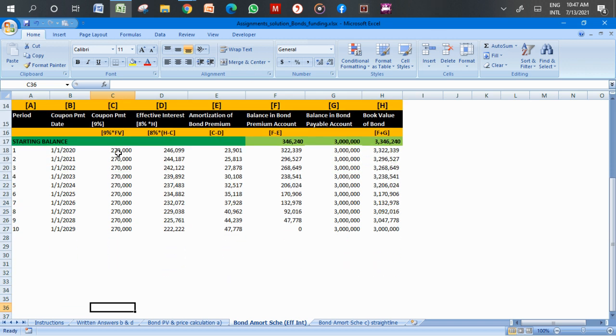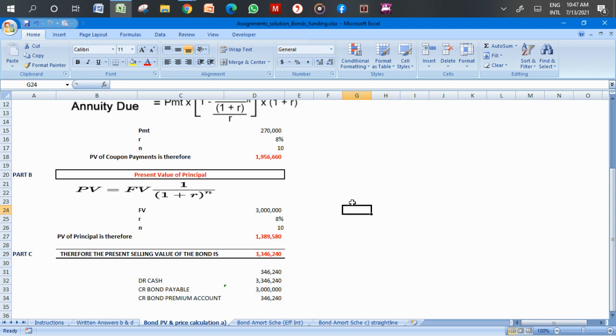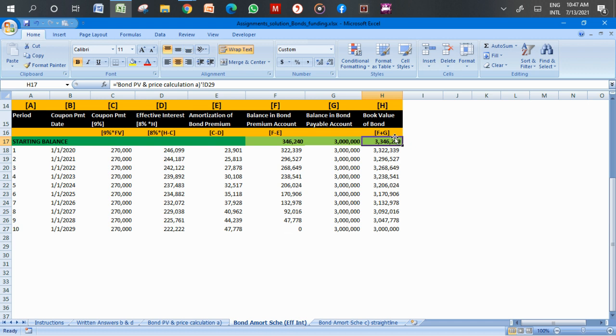So the formulas are as follows. What we are starting with is the book value, which is the present value that we calculated. As you can see in the formula bar, I am taking this amount from the tab where I was calculating the present values. Okay, so that is our starting point. So what do we do?